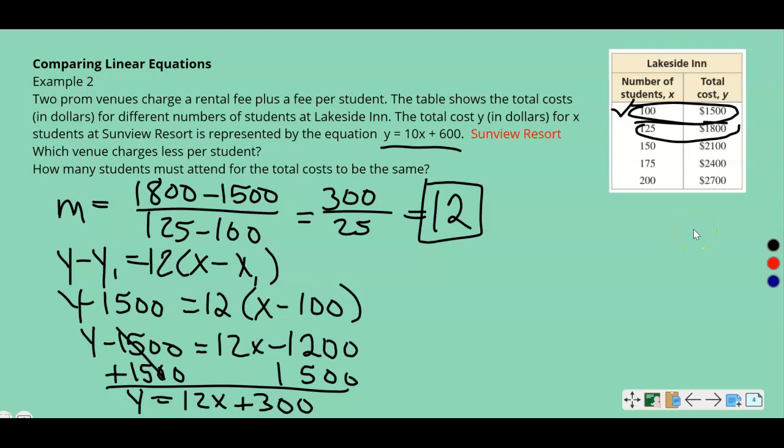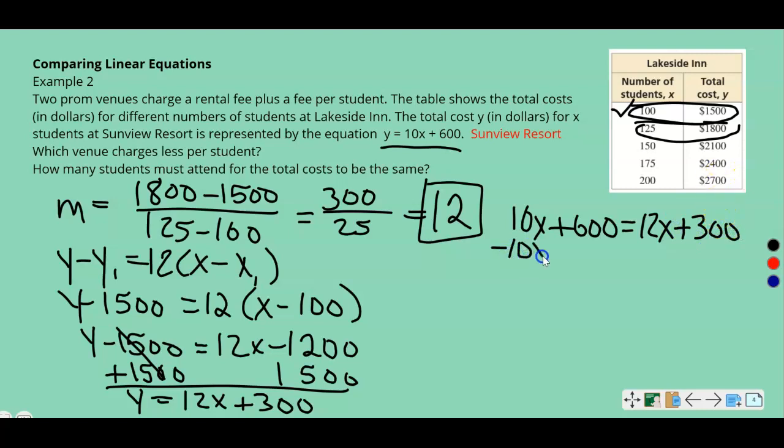Right now you can see the y-intercepts: this one, they charge a flat fee of $600. This one only charges a flat fee of $300. But this one charges $12 per student, where this one only charges $10 per student. So if we set the two equations equal, that'll allow us to see when the price is going to be the same.